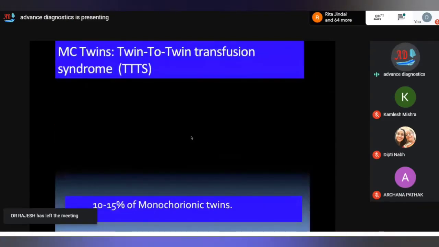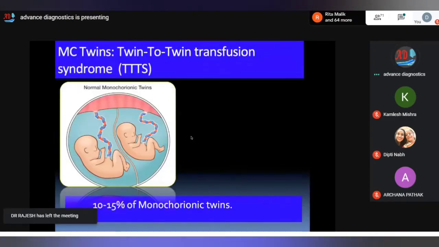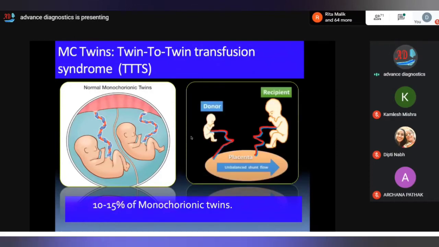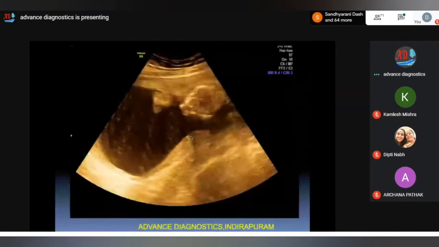So the most common complication is twin to twin transfusion, and that is why the urinary bladder is said to be seen in ultrasound of twins each time, because it is present in 10 to 15% of monochorionic pregnancies.